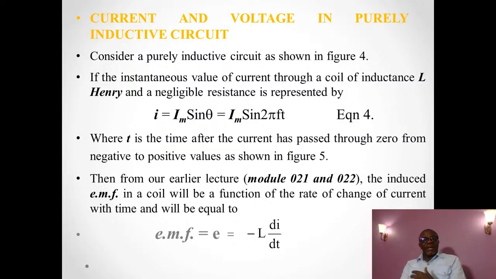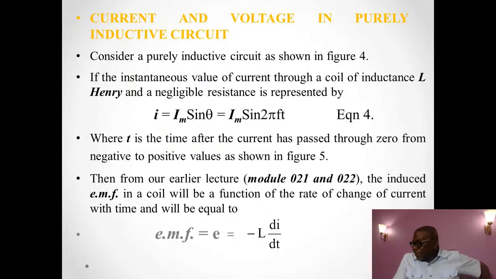And from our earlier lecture, that is the models I talked about on slide 2, model 021 and 022, we have said that the induced EMF, when we say EMF, electromotive force, in a coil will be a function of the rate of change of current with time, and will be equal to E equals minus L di/dt.